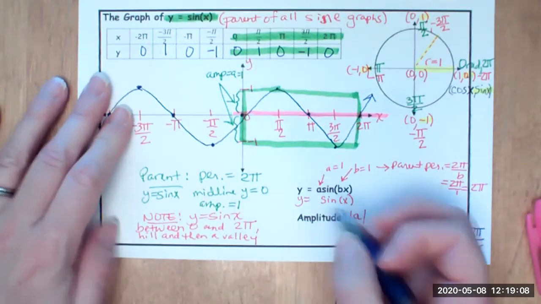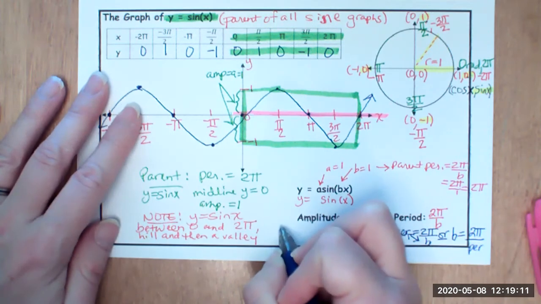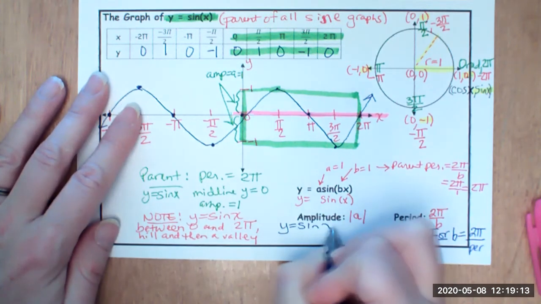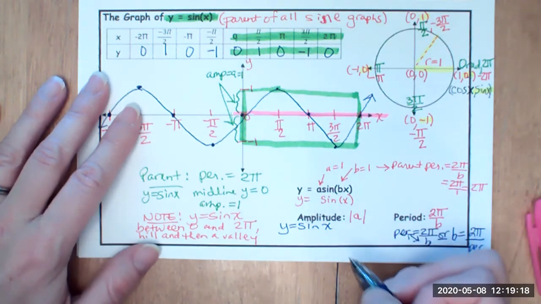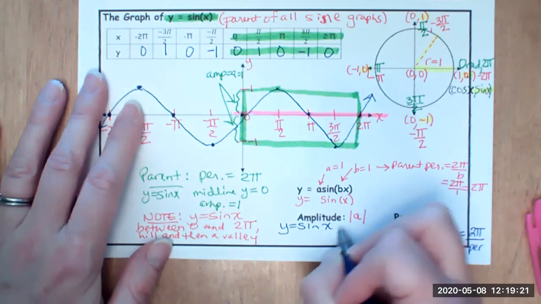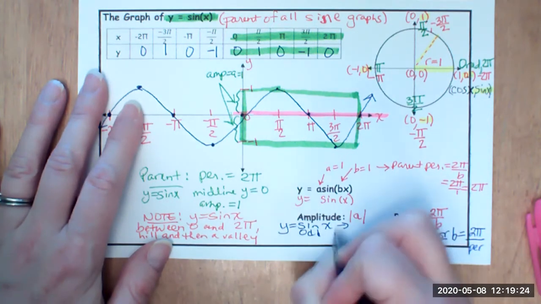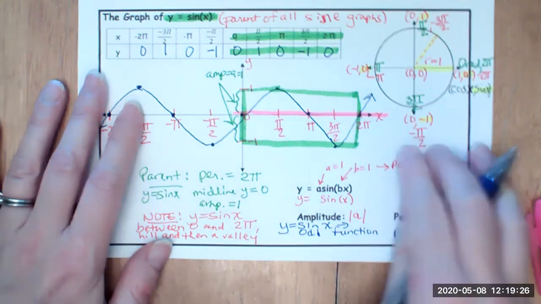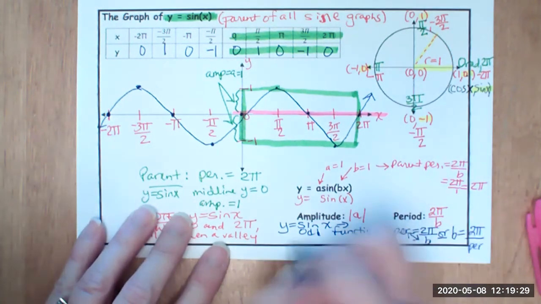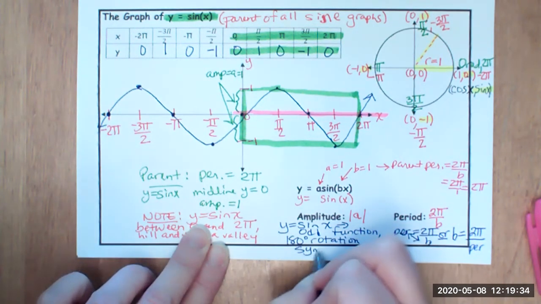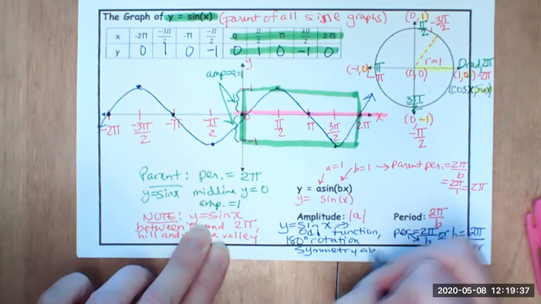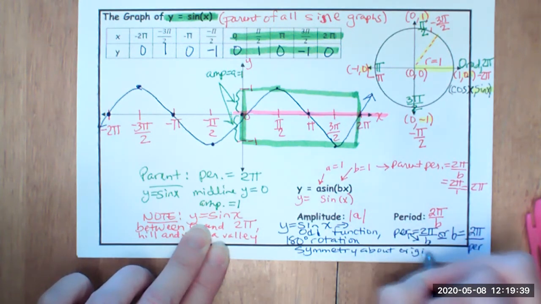So another characteristic that's important for you to recognize is that y equals the sine of x and all of its transformations, where y equals the sine of x is an odd function, which means it has 180-degree rotational symmetry about the origin. Okay?